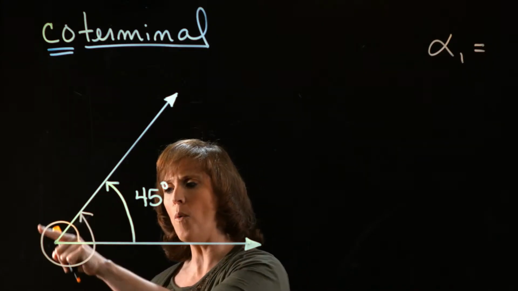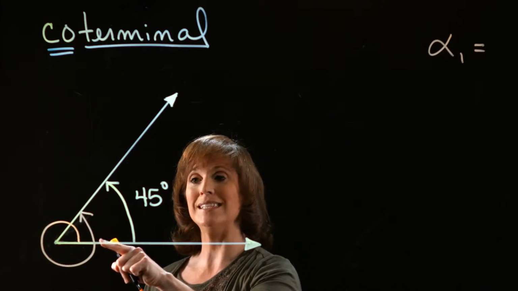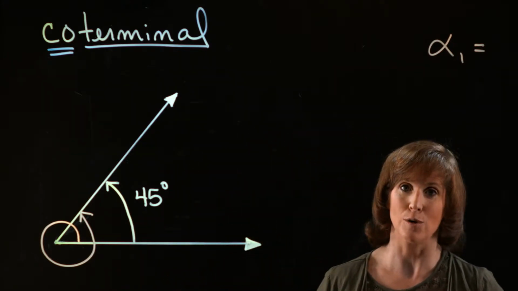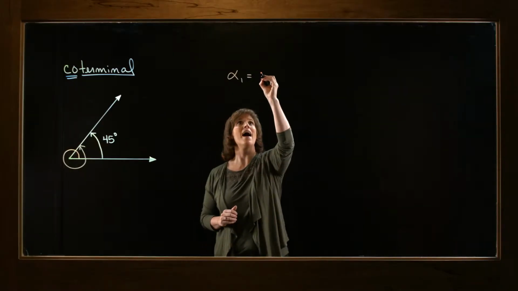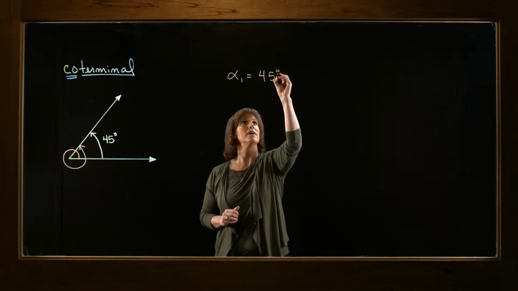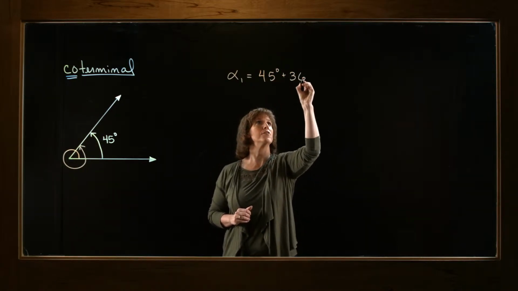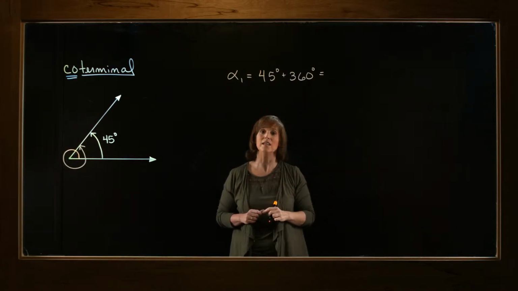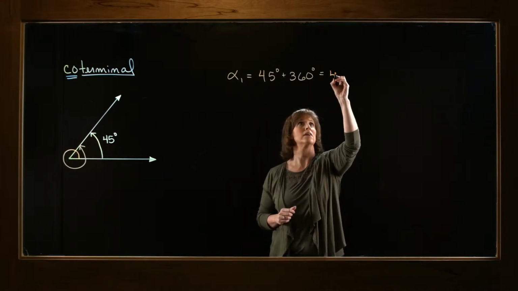So if I go the whole way around 360 degrees and then add 45 more degrees, I will have the measure of this coterminal angle. So I have 45 degrees plus 360 degrees. So the measure of that coterminal angle is 405 degrees.